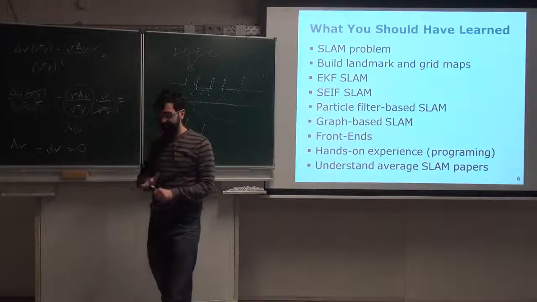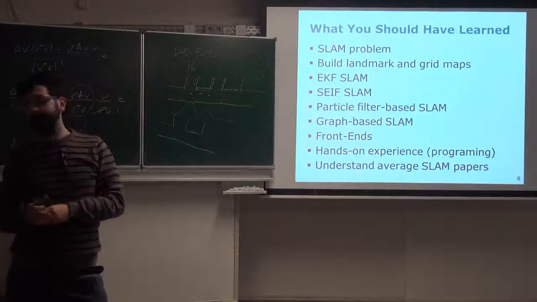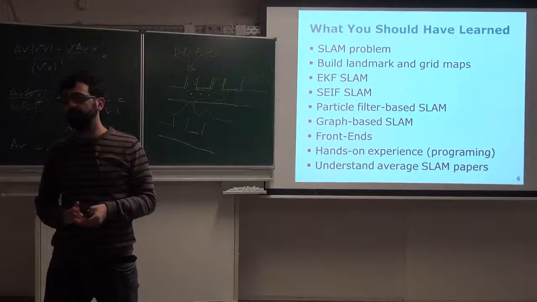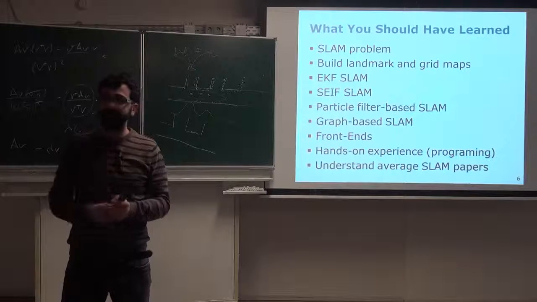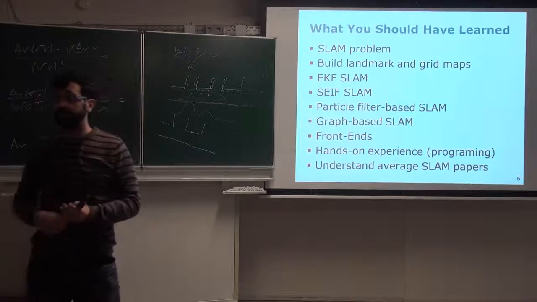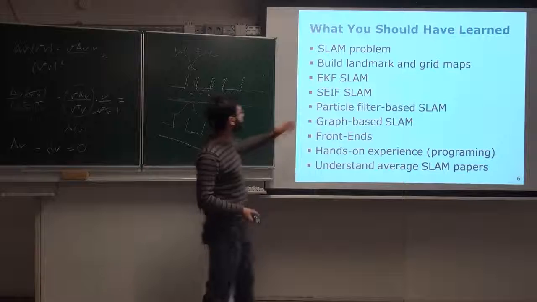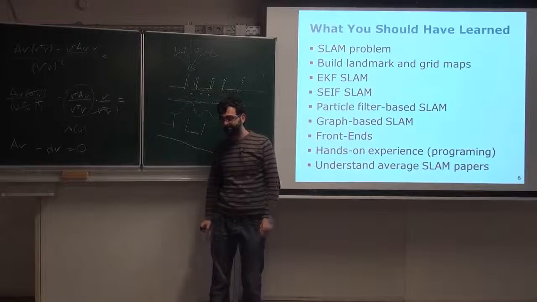So what you should have learned during this class, I hope all of that: some idea of how the problem is formulated, what the problem is, how to build maps, both if you have landmarks and if you have grids, a set of different approaches over time. They were the state of the art according to their individual time.